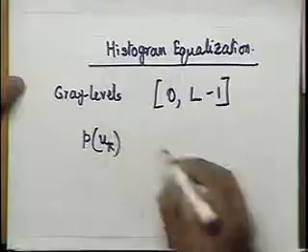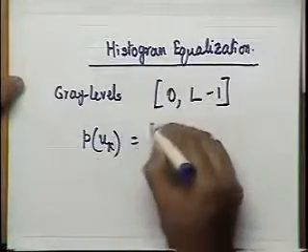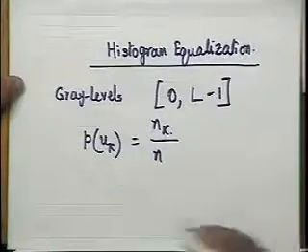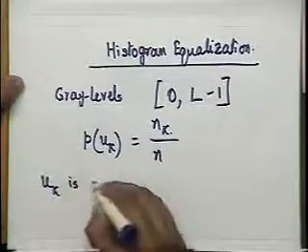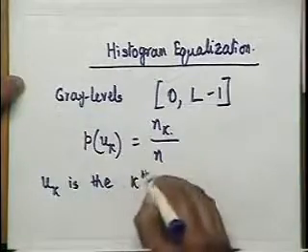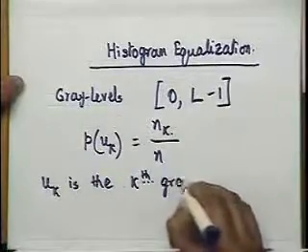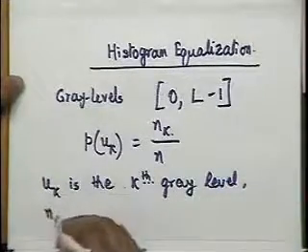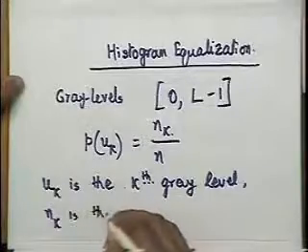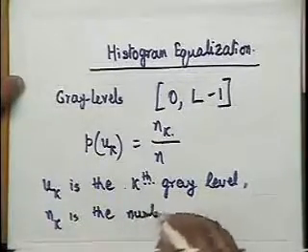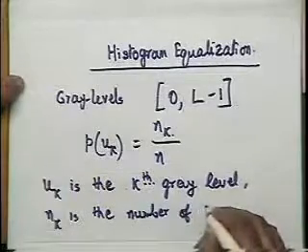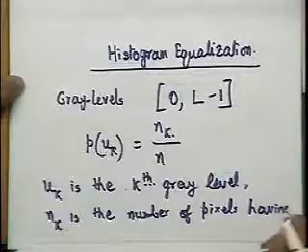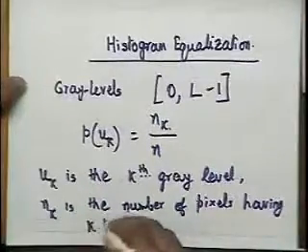I will write it as follows: P of uk equals nk divided by n, where uk is the kth gray level and nk is the number of pixels having the kth gray level.